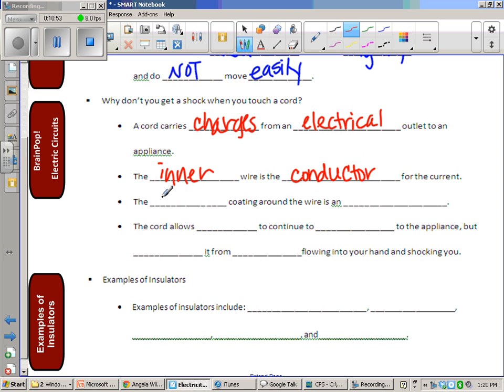The rubber coating around the wire is an insulator. Okay, the cord then allows charge to continue to flow to the appliance, but stops it from flowing into your hand and shocking you.